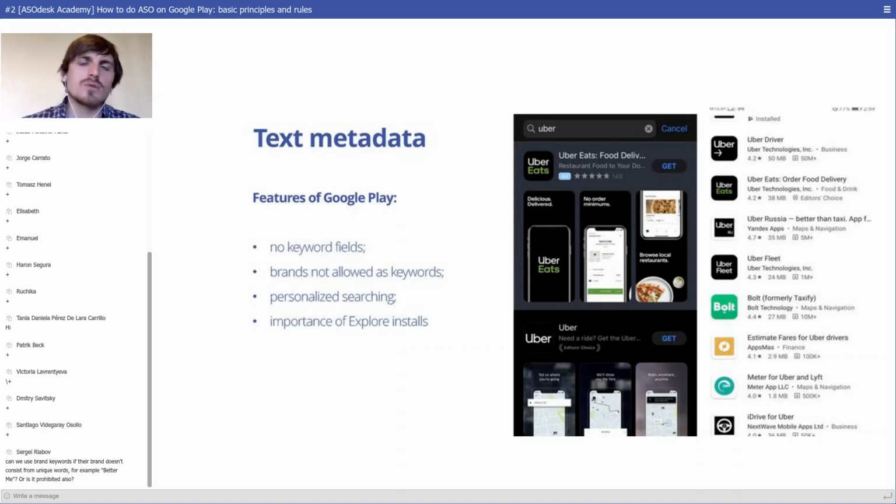So when somebody is looking for our competitor, they see, for example, in similar apps, our app. So all the users who are looking for our competitor will somewhere in some window see our app as well. And remember that from 20 to 50% of all organic traffic is coming from Explore installs.